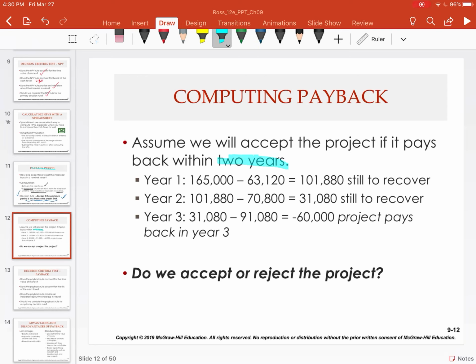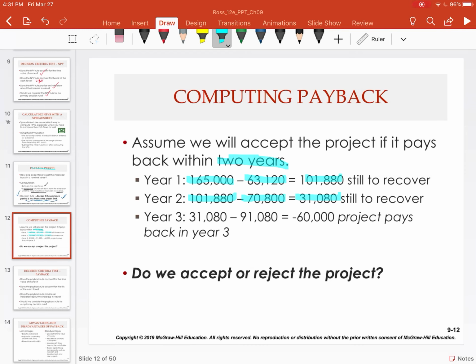In the second year, our cash flow is $70,800, and therefore after that second year we still have to recover $31,000 of our initial investment.